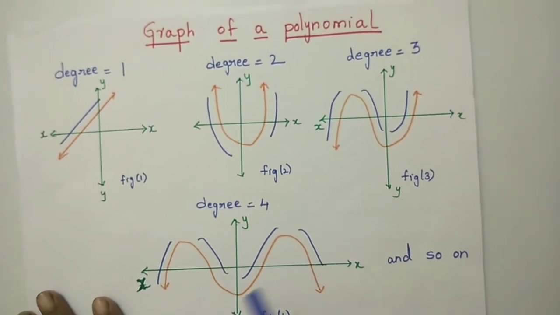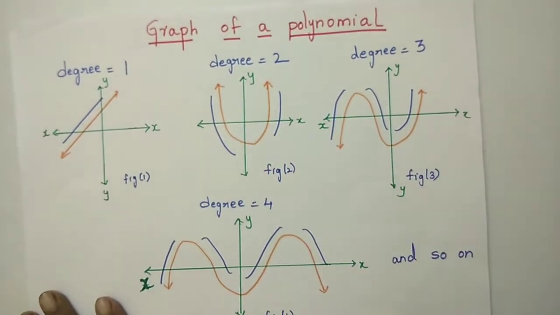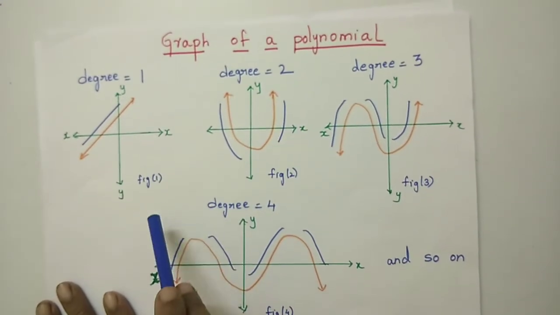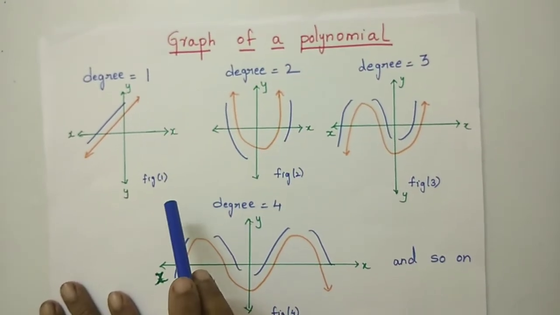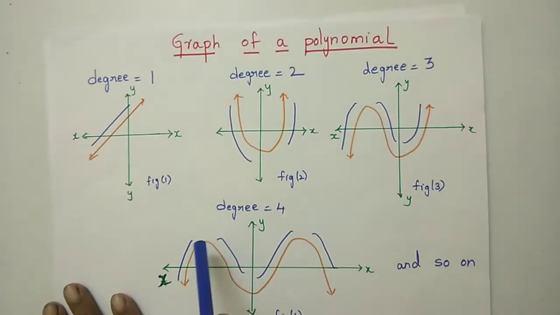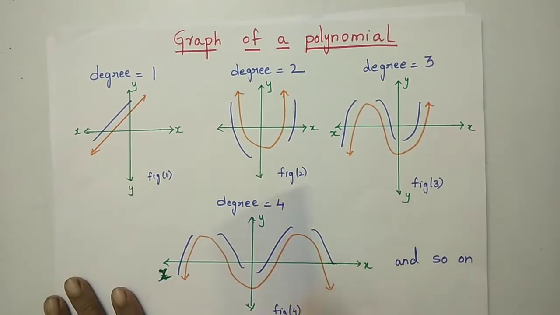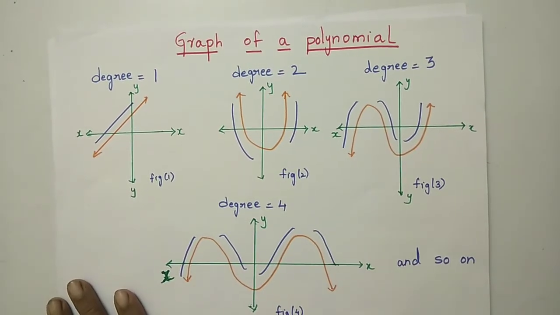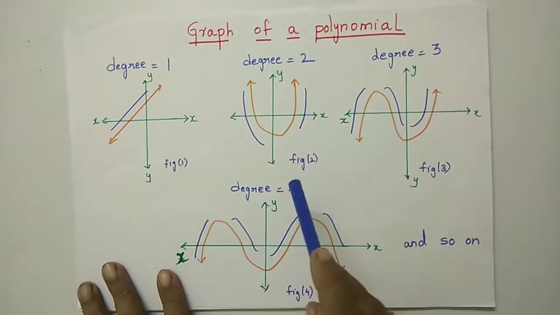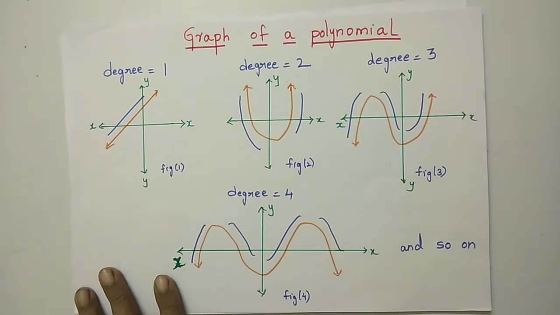So it is very clear in these figures that the number of directions of a line in the graph of a polynomial matches the degree of the polynomial. Now, let us come back to our concept, zeros of a polynomial.